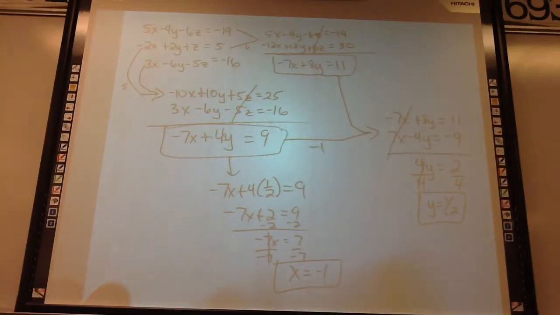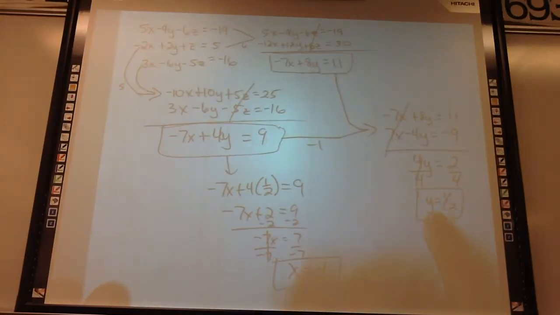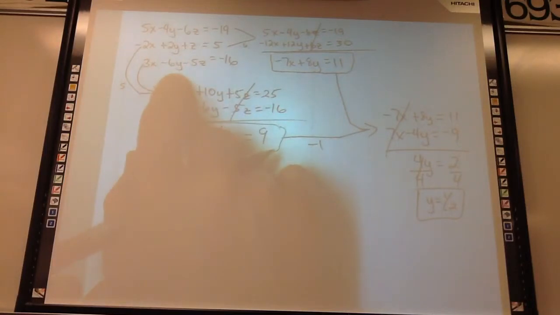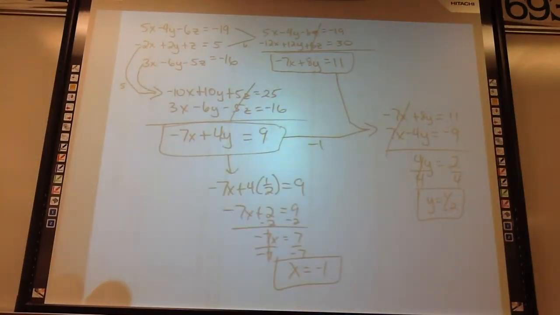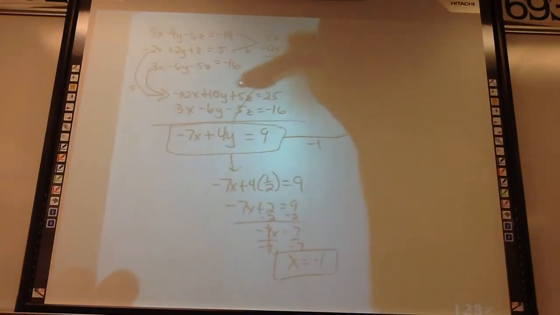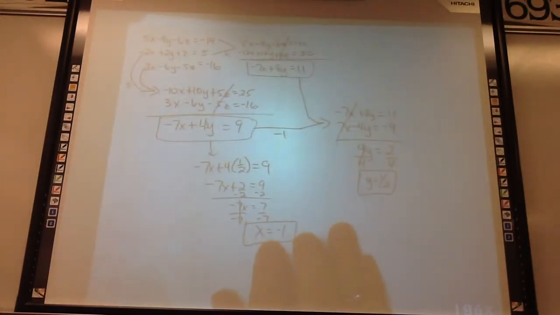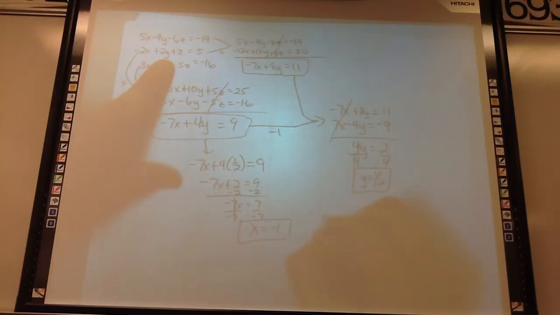So now you know x and y. So you can go back, pick one of the originals, plug in x and y, solve for z. Which one looks easier? Middle one. Negative 2 times negative 1 plus 2y plus z. Oops, I forgot y is a half.